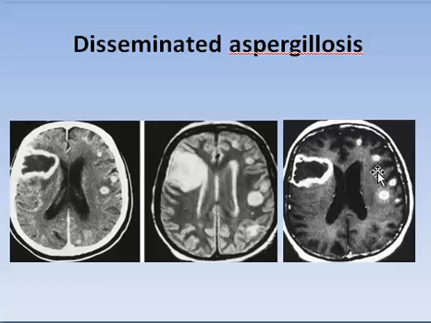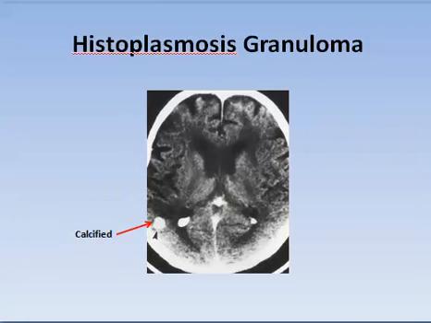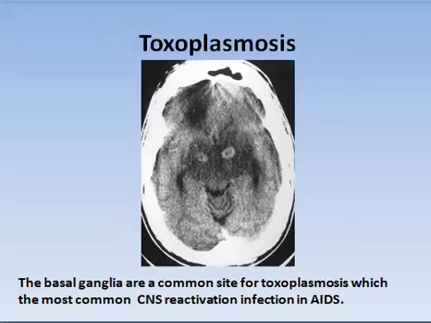Edema is minimal, multiplicity is usual, and both solid and cavitating lesions are seen. Ependymitis. Histoplasmosis may show calcific nodules plus widespread infarcts on both sides. So calcific nodules and widespread infarcts are usually due to fungal infection.